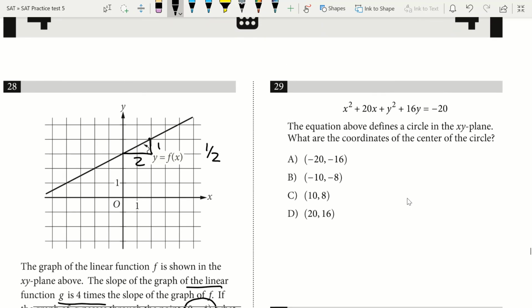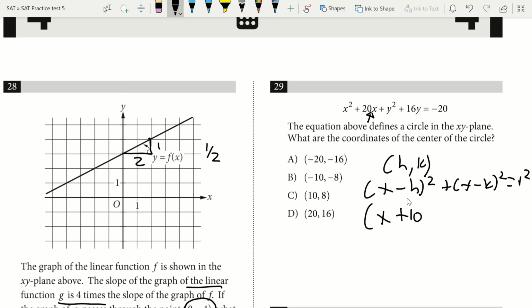All right, question 29. The equation above defines a circle in the xy plane. What are the coordinates of the center of the circle? Well, if our center point is (h, k), we know the equation of a circle is going to be (x minus h) squared plus (y minus k) squared equals r squared. So when I look at my values here, I see I have x squared plus 20x. Well, in order to get plus 20x with x minus h, I know that I have to have (x plus 10) squared, because then I get x times the 10 from the other side, and the x from the other side times the 10 from this side.